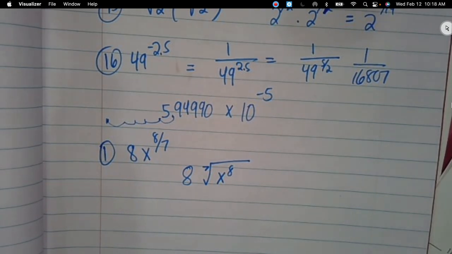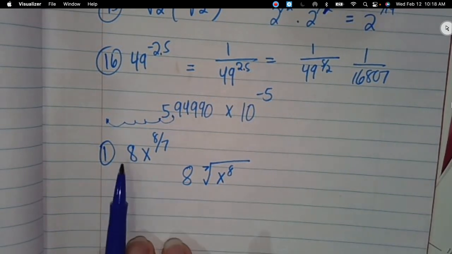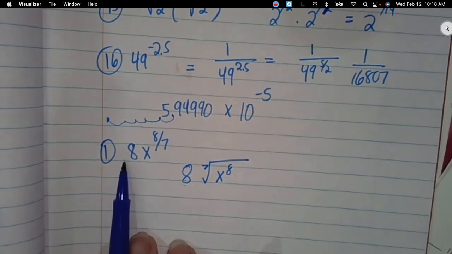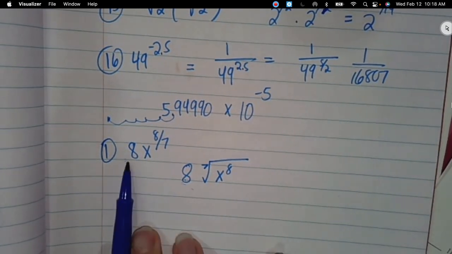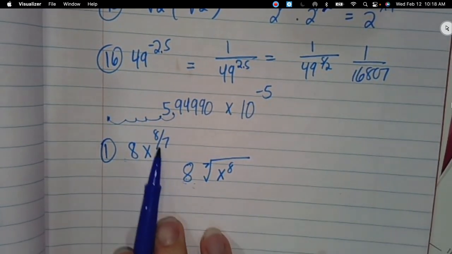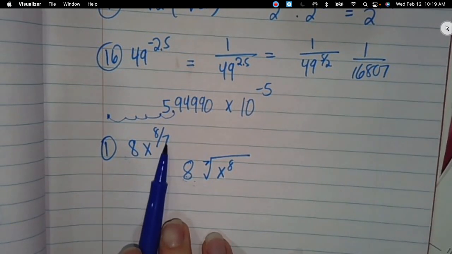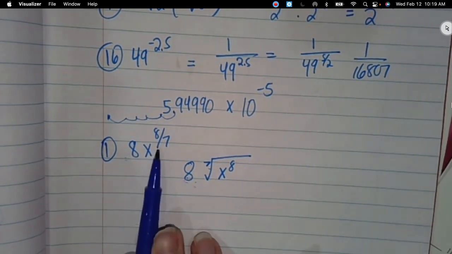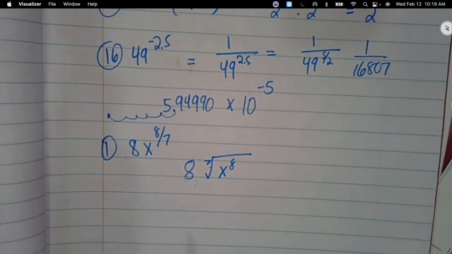So the 8 is on the outside, because it's not raised to a power, you just bring it down. Now this one is where I have to put the root. Remember the root goes in the denominator. So there's my root, and then X to the 8th is what goes under there.